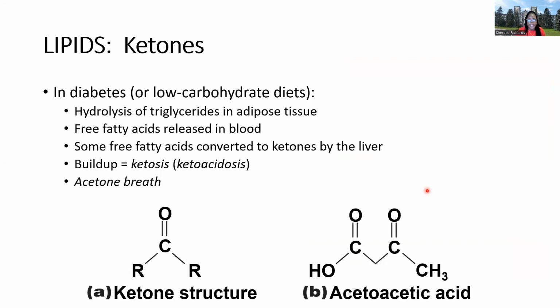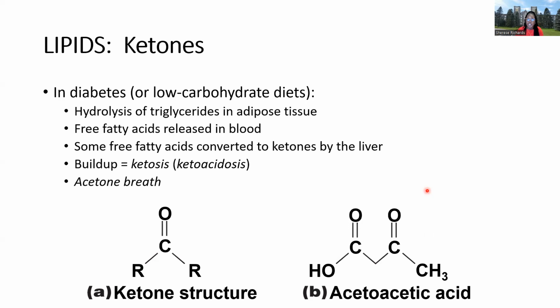As far as ketones, ketones are typically not very important. They are usually only produced under certain unique circumstances, so really in diabetics or individuals who intentionally reduce their carbohydrate intake, which can be for dietary and lifestyle purposes. There's a new craze over ketotic diets that are lower in carbohydrates, but also as a therapeutic measure.